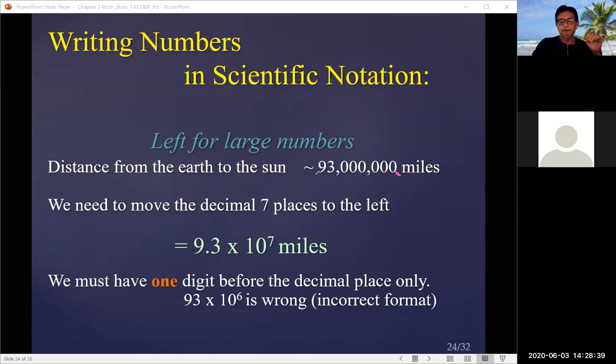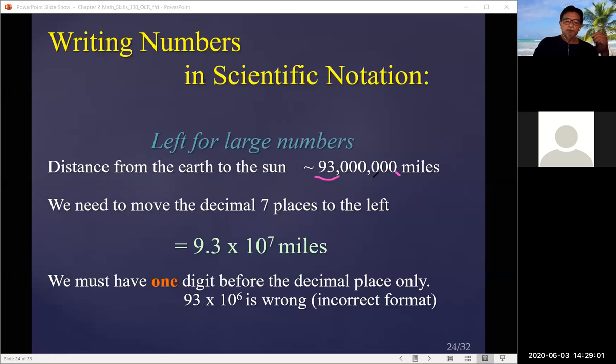Now, second thing to notice when you see a big number: first figure out how many sig figs that big number has. When you convert to scientific notation, your answer should have the same number of significant figures. This 93 million only has 2 sig figs, so we're going to make sure that our answer has 2 sig figs.